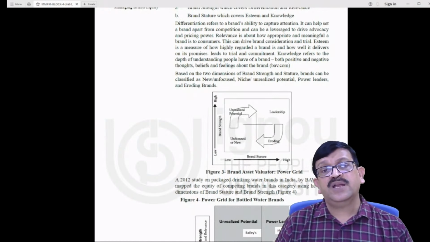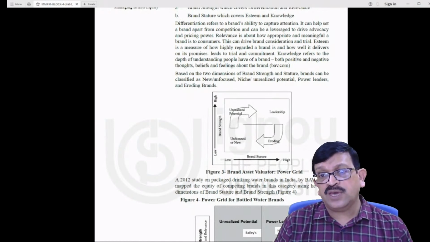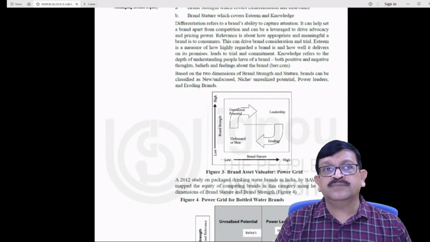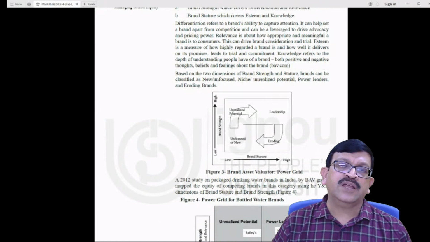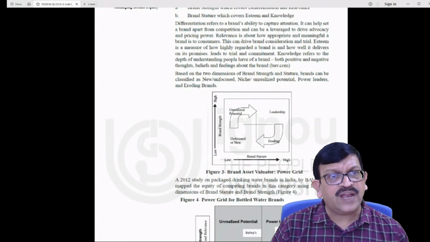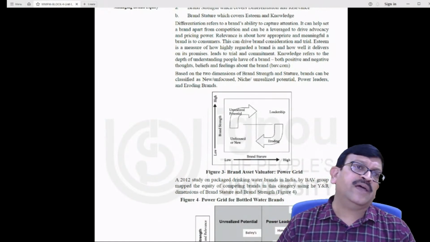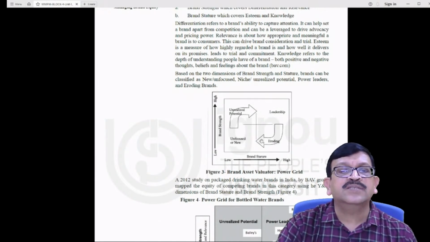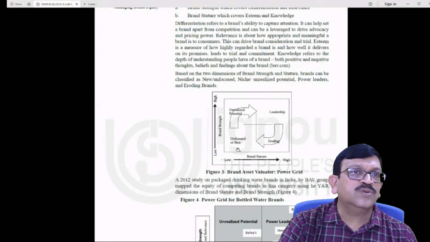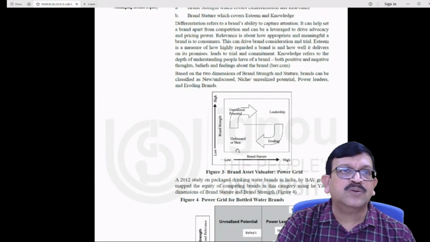Otherwise, some powerful brands, like Nokia, were very sure that they would not need to look at the emerging trends. As a result, their brand image got eroded, the strength factors got eroded, so much so that the brand got acquired by Microsoft later on.